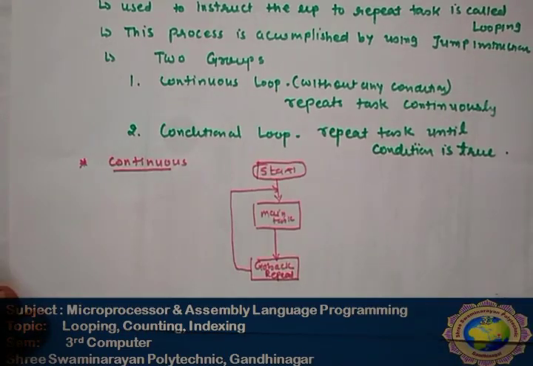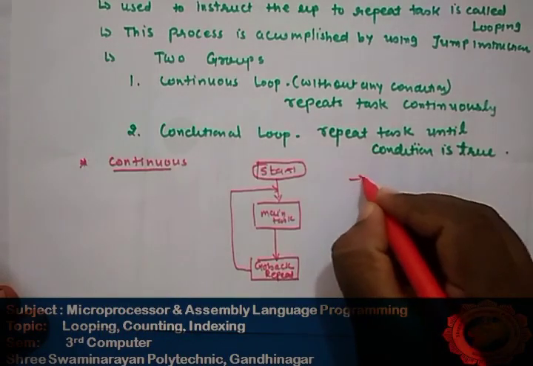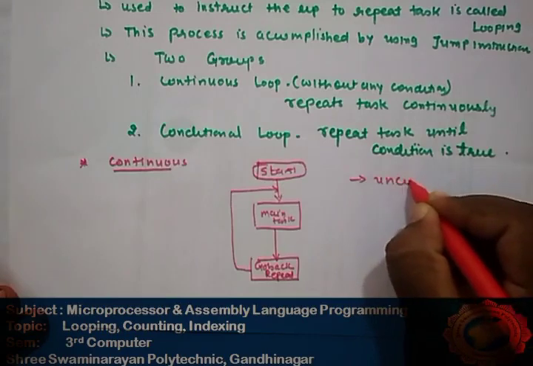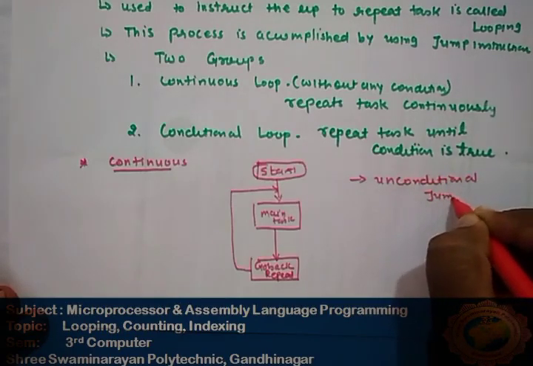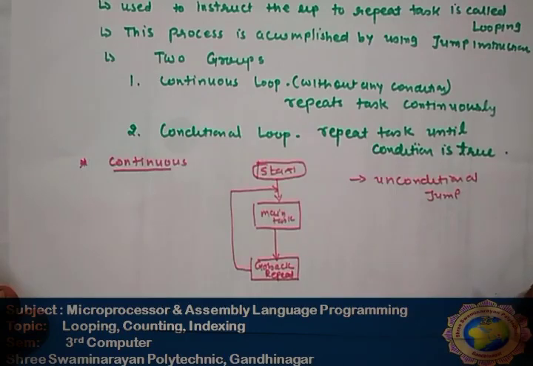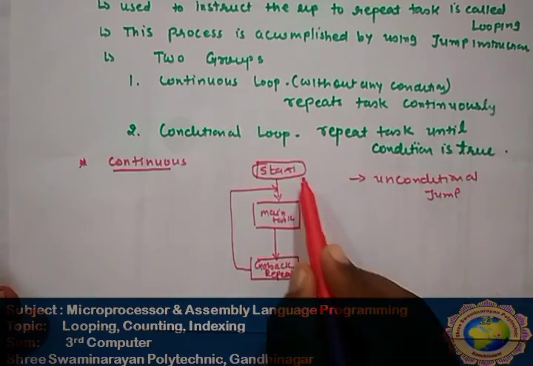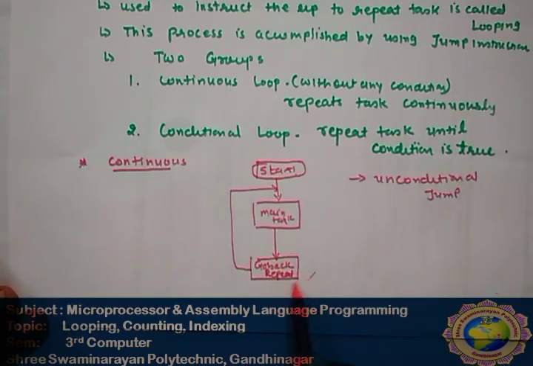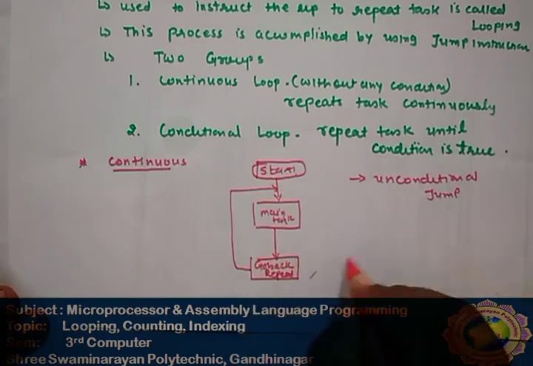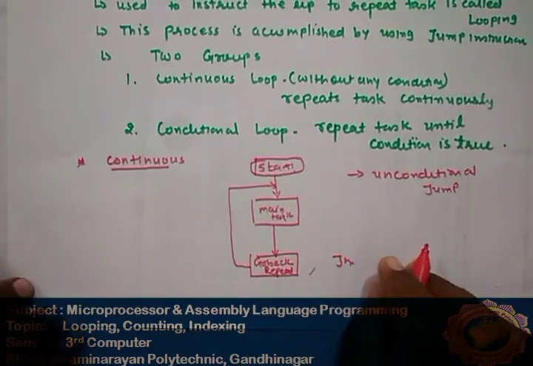From this chart you can easily understand the flow. You have already studied the flowchart. In this, an unconditional jump is required. A continuous loop has an unconditional jump, meaning there is no condition required. First it starts, it performs the main task. At the end a jump instruction is given.